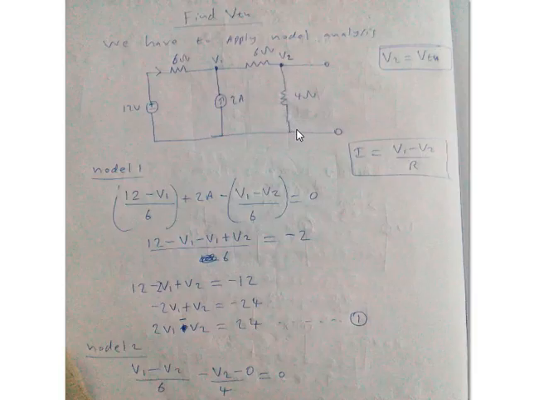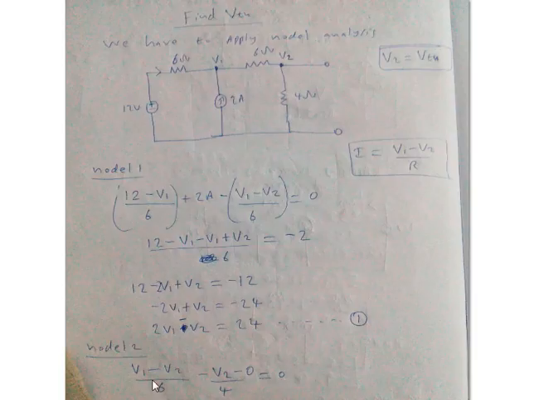There is no voltage over here, but the current is going from V2 to this side. So that means V2 minus, here it is 0, so V2 minus 0 divided by the resistor, that is 4, is equal to 0.